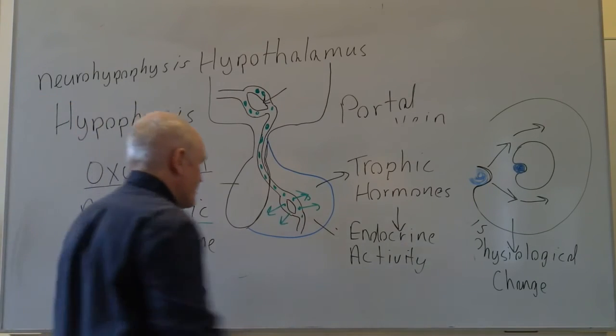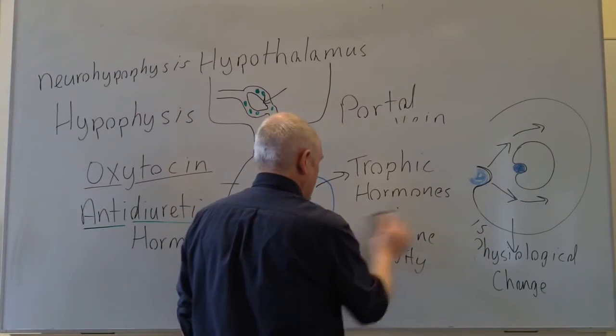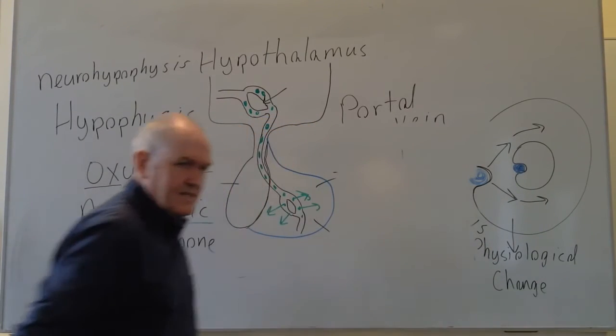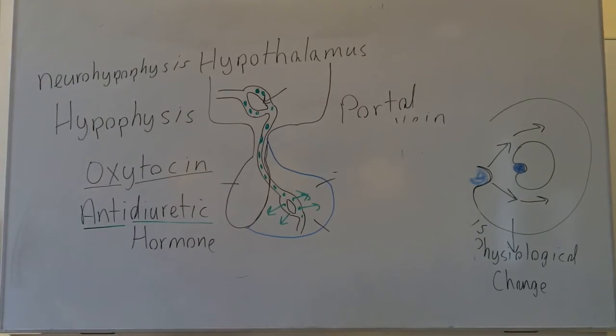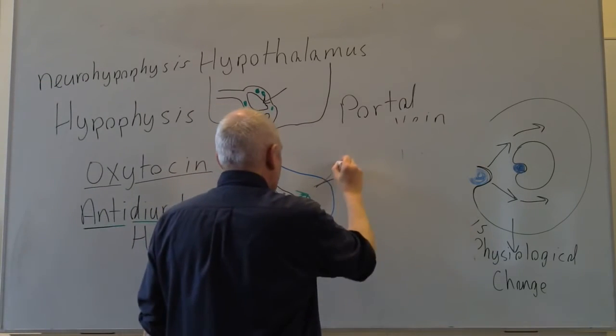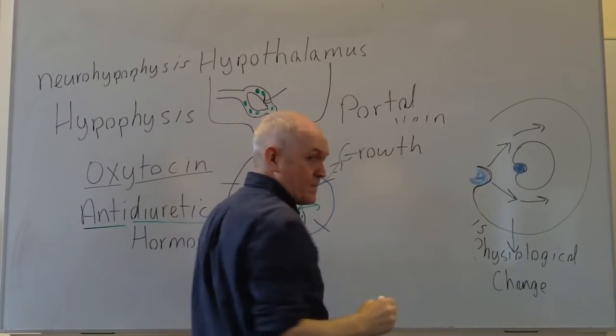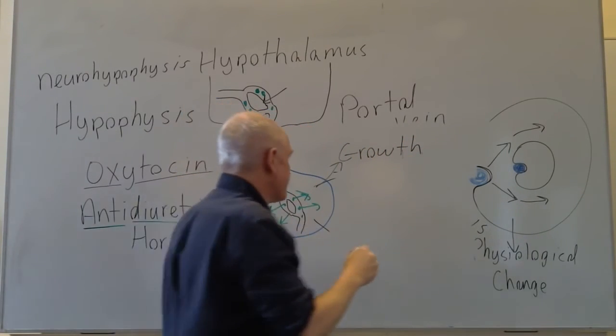I think I'll maybe just look at 2 or 3 examples of endocrine hormones released from the anterior. Well, one is growth hormone.